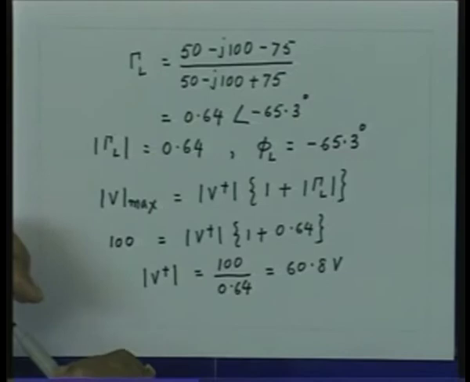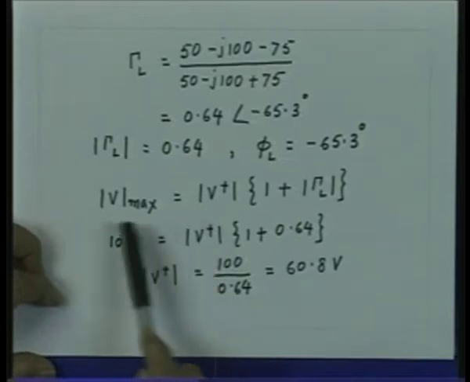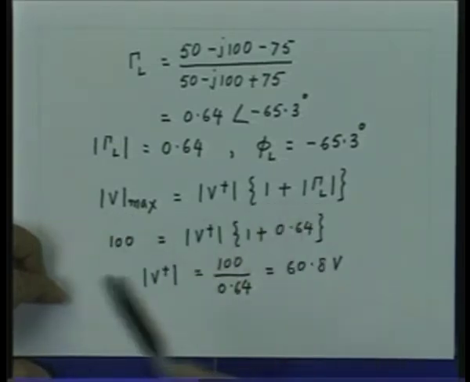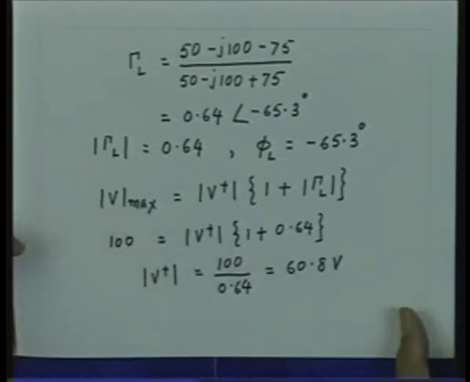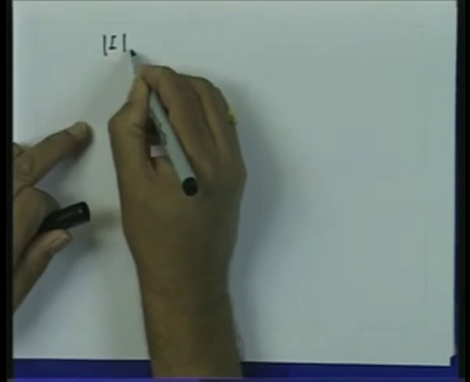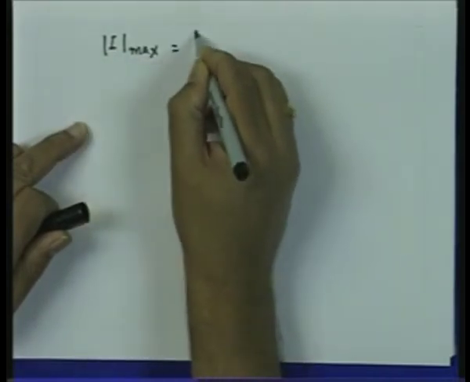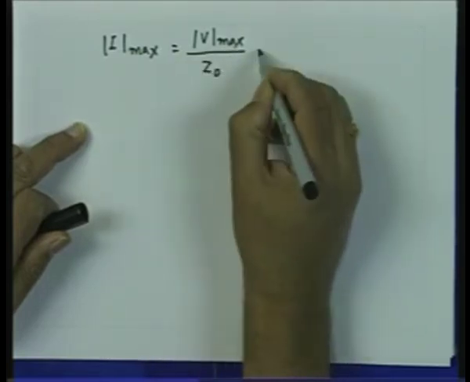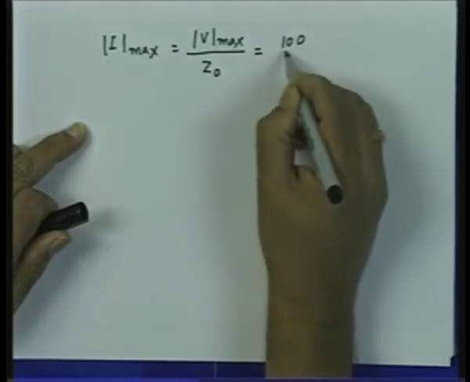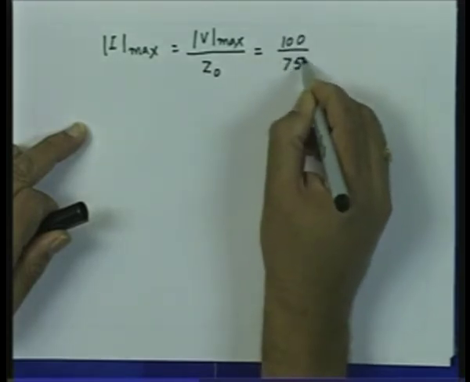However, we know from our analysis that the maximum current seen on the transmission line is nothing but the maximum voltage divided by the characteristic impedance Z0. So mod I max is mod V max divided by Z0, which is 100 volts divided by 75 ohms.